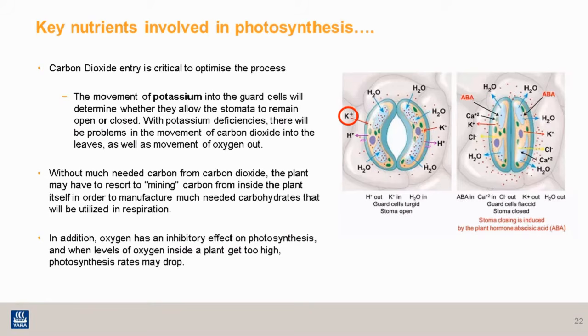If that closes, then the plant obviously has to get its carbon from somewhere, so it starts to mine itself for that carbon, which is clearly what we don't want to happen, because that's very inefficient. So again, potassium, we've mentioned that on numerous occasions, but it's really important as a nutrient to get in there at this time of the year to make sure that crop can function efficiently.